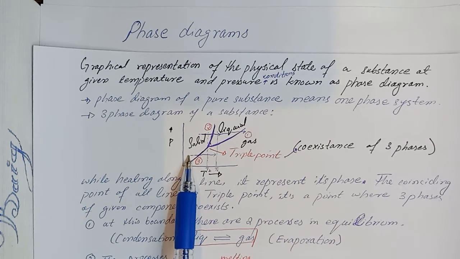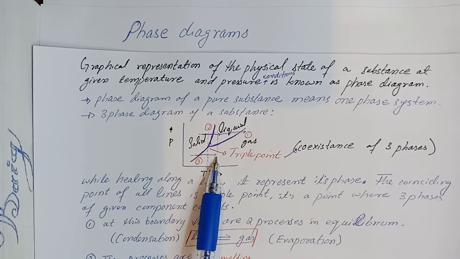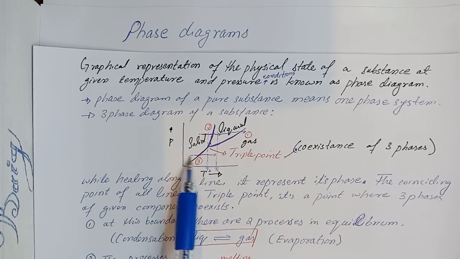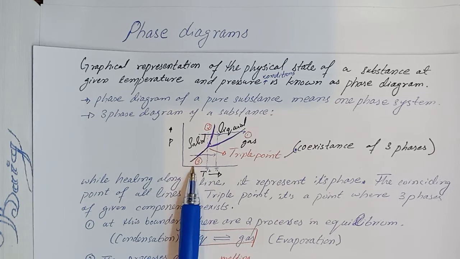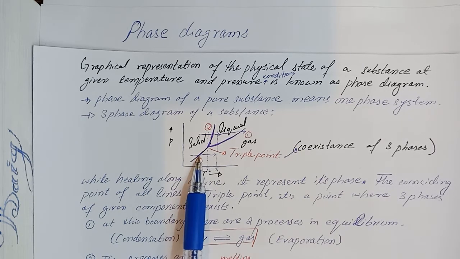For example, if we move from this point, which has a specific value of pressure, and we increase the temperature of this substance at this particular pressure, there is a change in the phase at this phase boundary through the process of sublimation, and the reverse process is known as solid deposition. So at this point, the processes of sublimation and solid deposition are coexisting in the state of equilibrium.